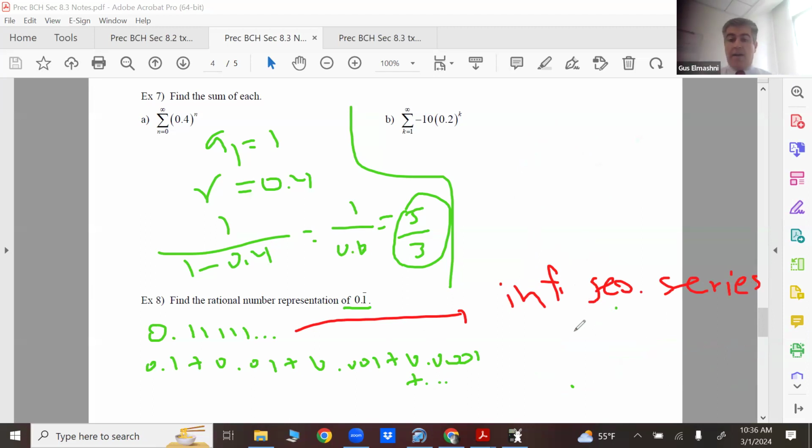So yeah, A1 is 0.1, R is 0.1. So guess what? 0.1 over 1 minus 0.1. Hold on a sec.